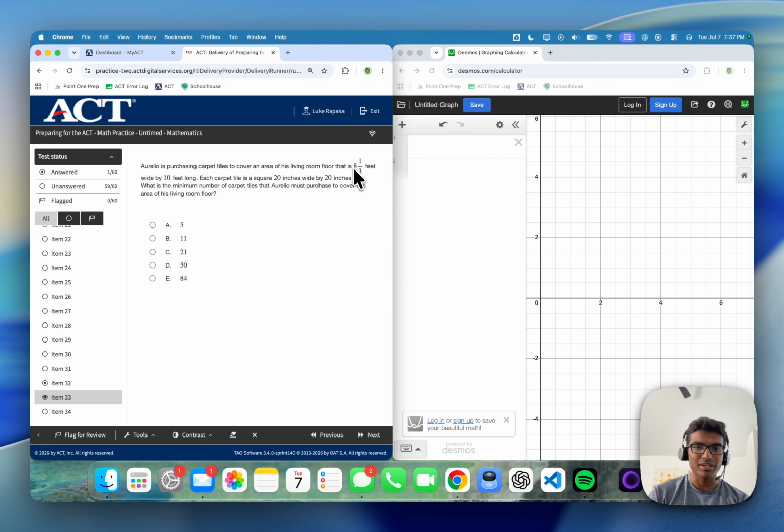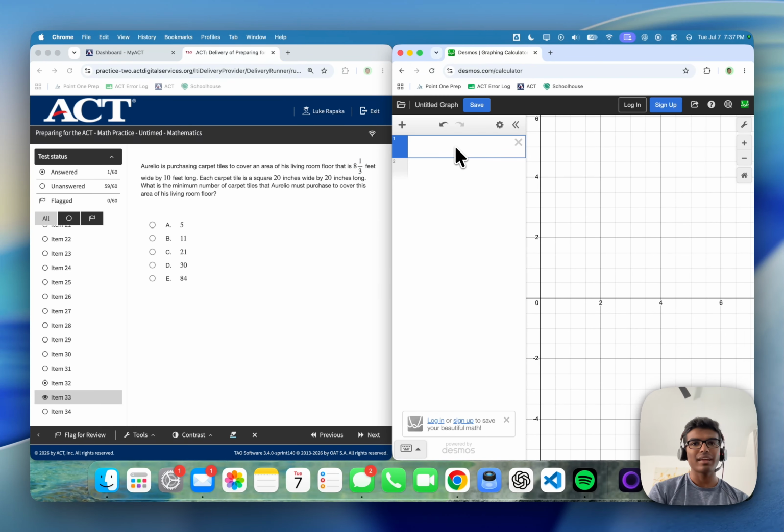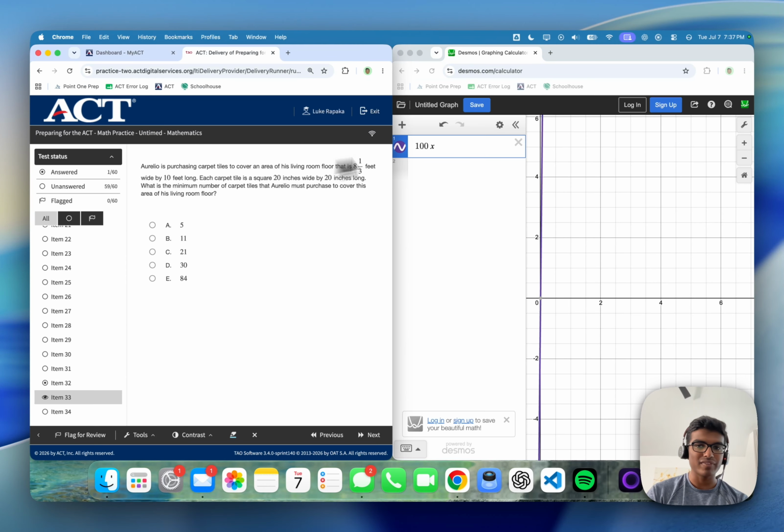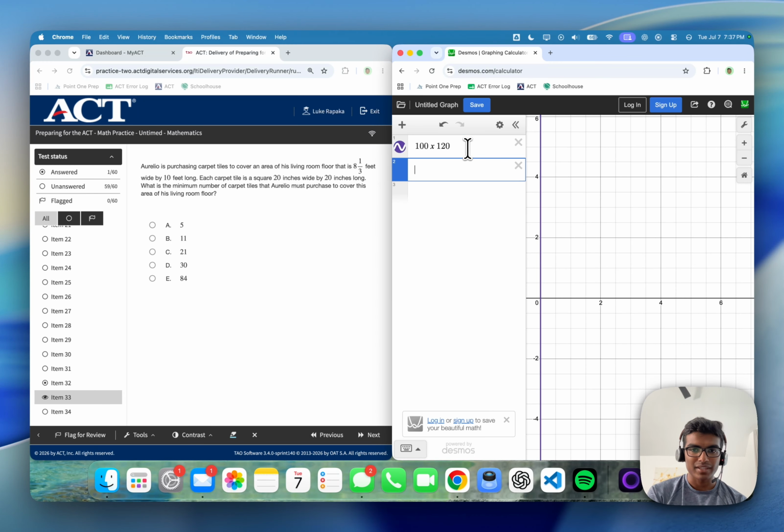The first thing I'm going to do is convert these feet measurements into inches so we have the same unit. So 8 feet is 96 inches, 1/3 of a foot is 4 inches, so that's 100 inches. And then 10 feet, that's 120 inches. So that's the dimensions in inches.